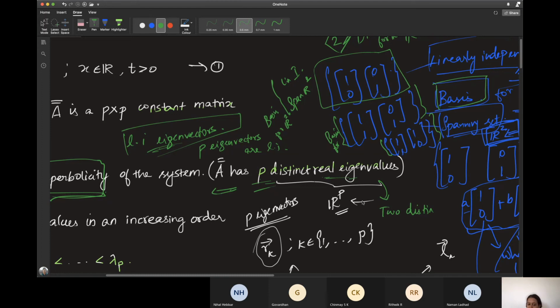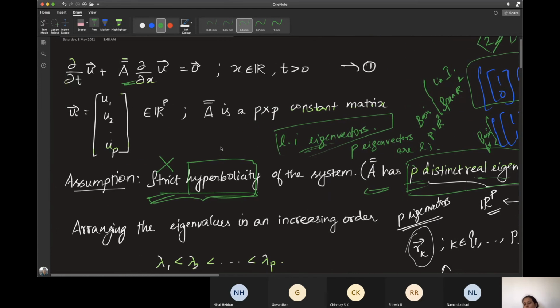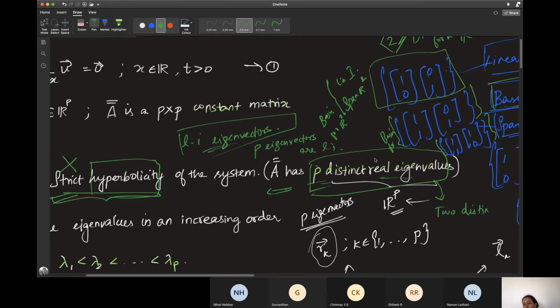They can be the same as well. From distinctness you can infer that your eigenvectors are linearly independent, but even without this condition you can have linearly independent eigenvectors. That is what normal hyperbolicity is. Strict hyperbolicity just makes sure that your eigenvectors are linearly independent by saying that your eigenvalues are distinct.